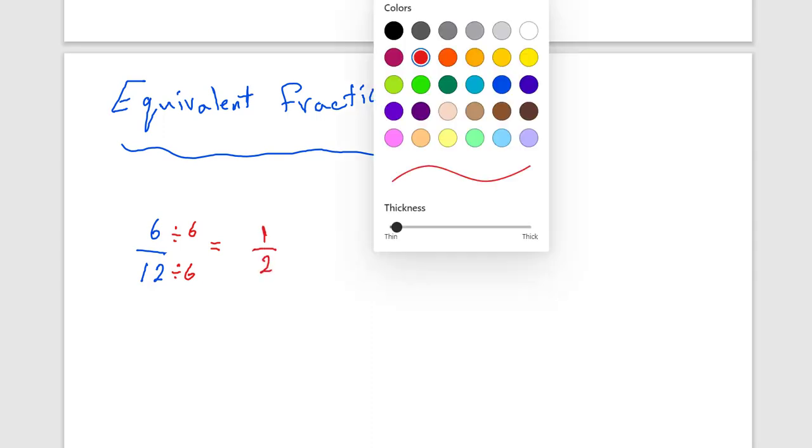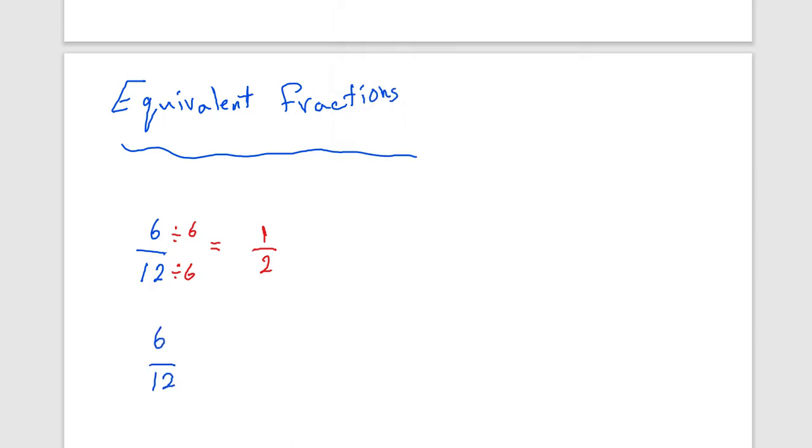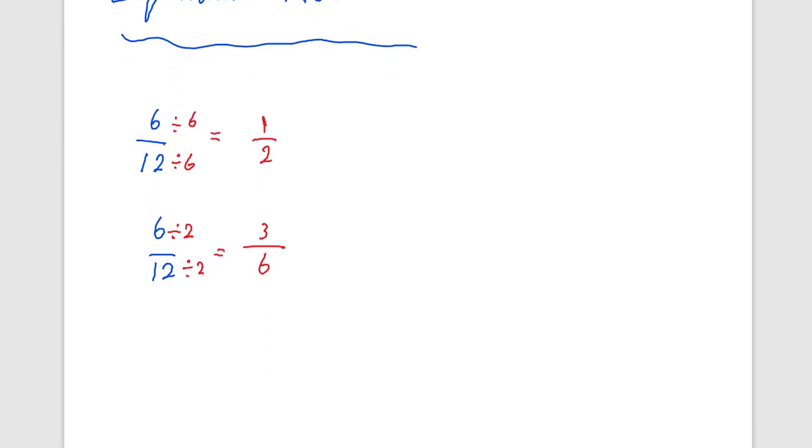And of course, you can do this by dividing by another number. We can divide by 2, and in this case we get 6 divided by 2 equals 3, and 12 divided by 2 equals 6.